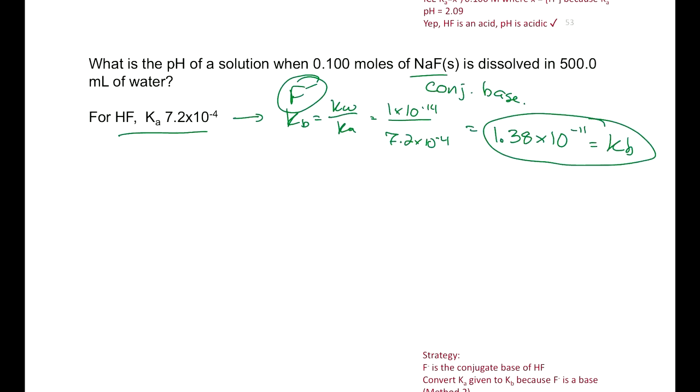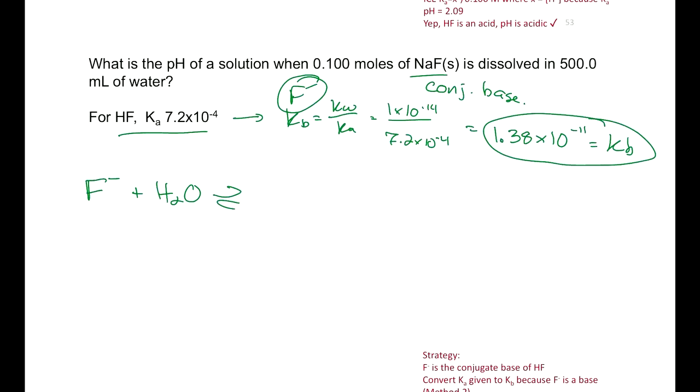So is it appropriate to write a Ka expression for our ice table? No, we want to write the Kb. So let's go ahead and write the Kb expression, where F minus reacts with water. I need that water there because bases, Lewis bases, accept protons.